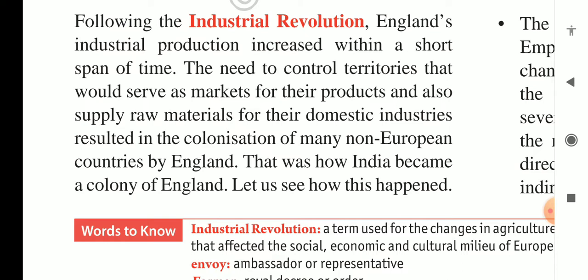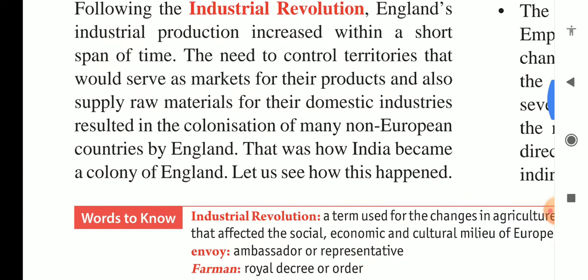Obviously when manufacturing increases, it affects our life. At that time their life was affected. They were very comfortable in their life because of this Industrial Revolution. We will not go much into that.